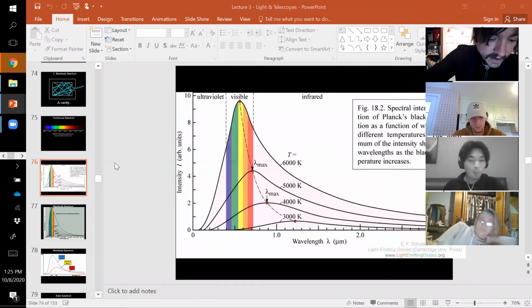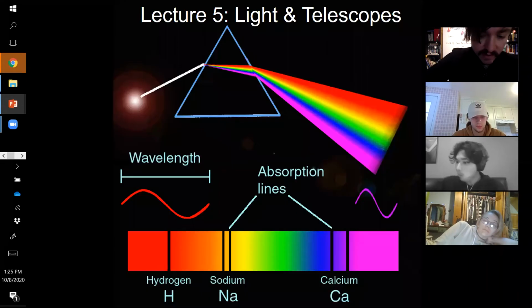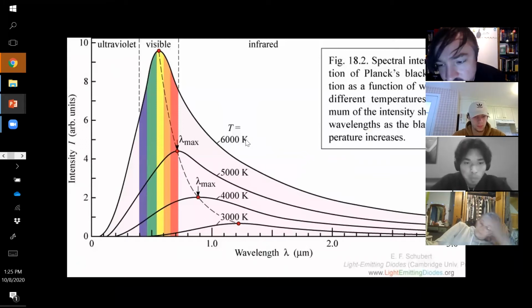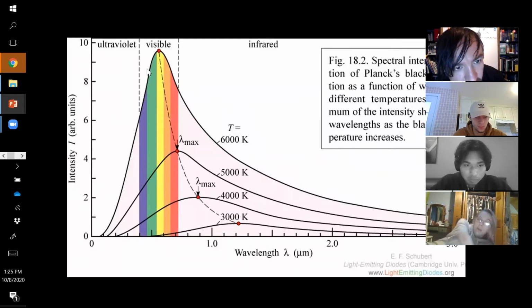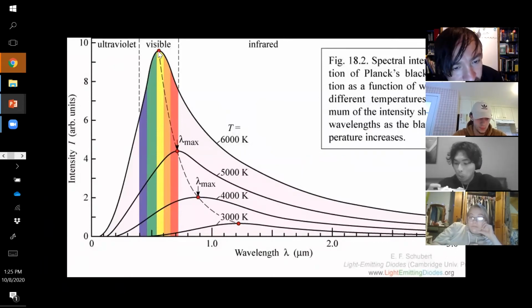Slide 76 here shows us that for a hot, dense thingy with a temperature of 6,000 Kelvin, the sun will emit a radiation profile that is a black body spectrum which has a peak here, but that the sun is producing light all across the electromagnetic spectrum.